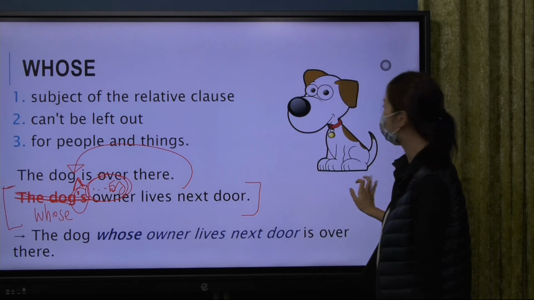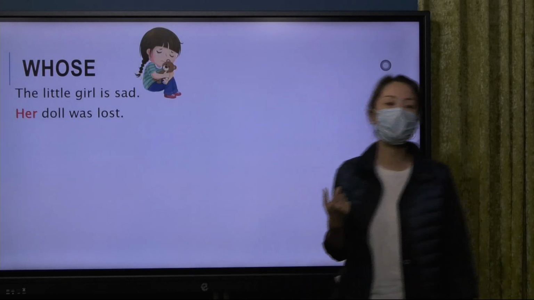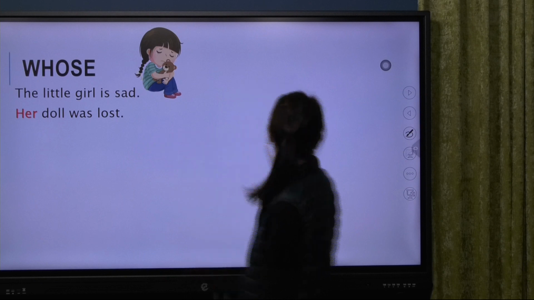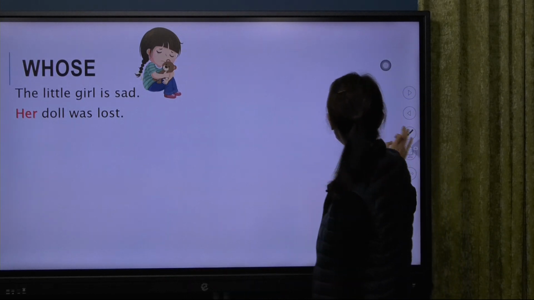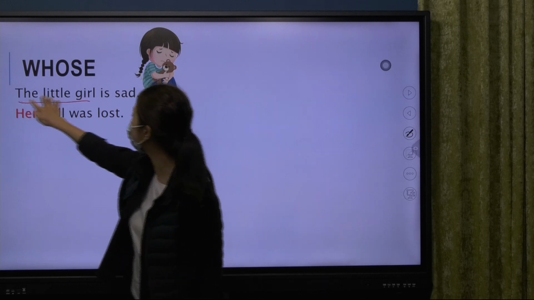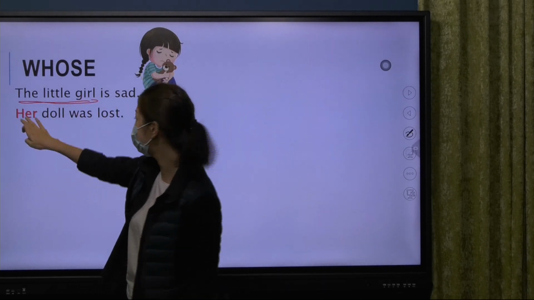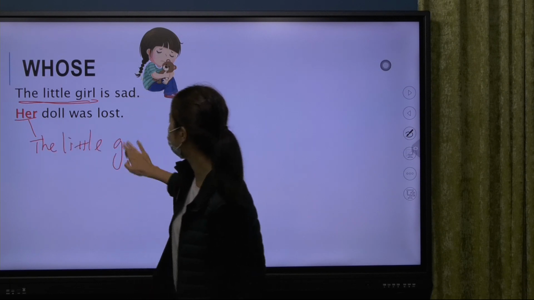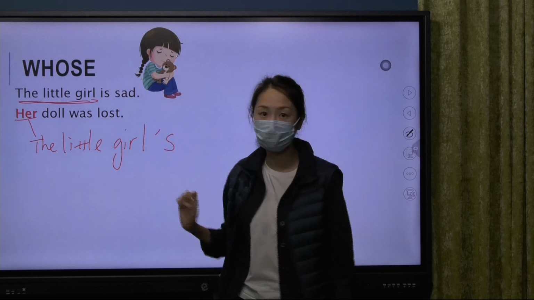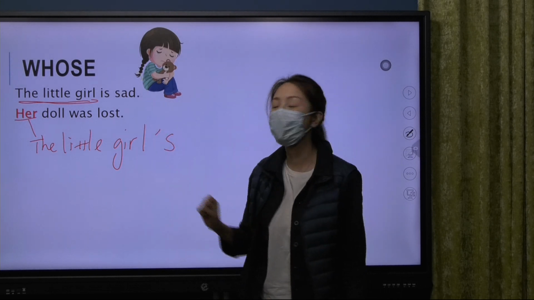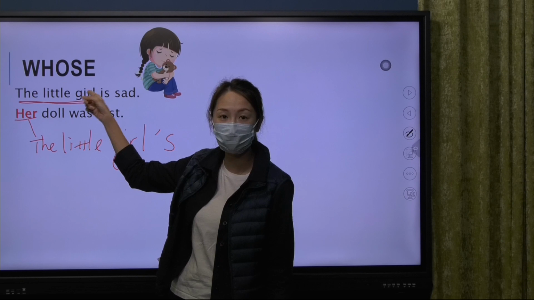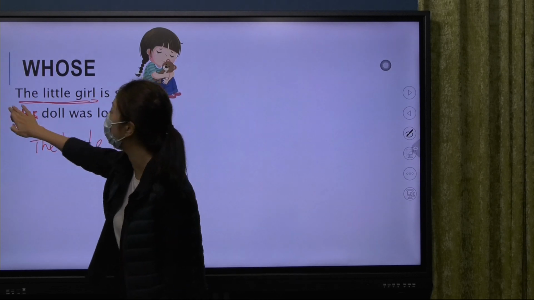Okay, so let's try two more. So let's look at these two. The little girl is sad. Her doll was lost. So in this sentence, the common item is the little girl. And her here means the little girl's, right? So if we want to put this sentence into the main clause, we change her into what?